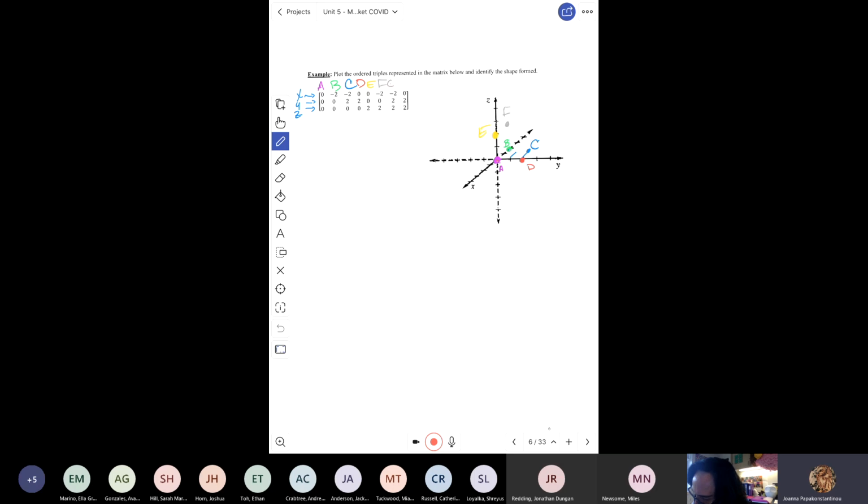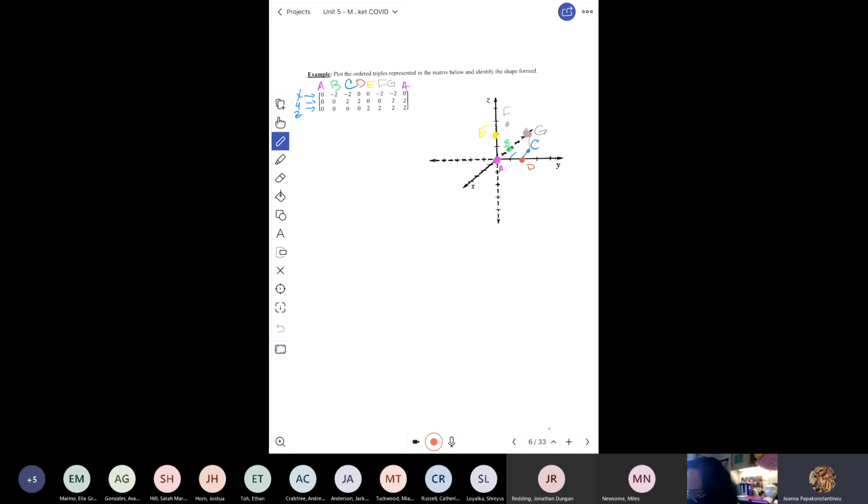Let's say G. G is back 2, to the right 2, and then up 2. So it's about there. And then last but not least, let's go ahead and use, I'm running out of colors. Well, let's just use fuchsia again.